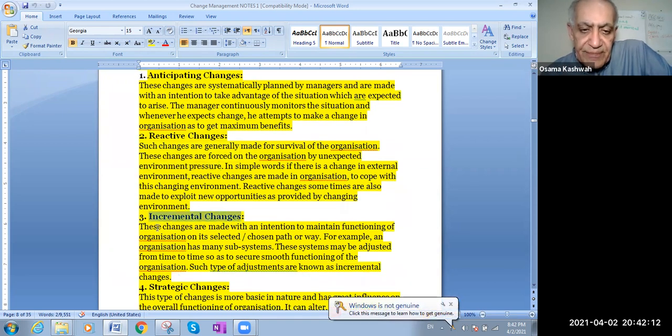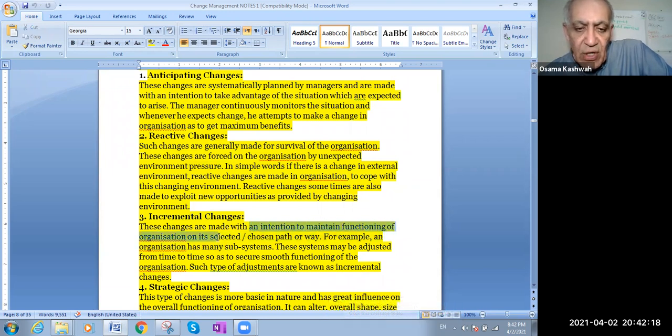Incremental changes. These changes are made with the intention to maintain the functioning of the organization on its chosen path. Let us give an example. An organization has many subsystems. These systems may be adjusted from time to time. All the systems of the organization you have to adjust from time to time. This we call incremental changes.